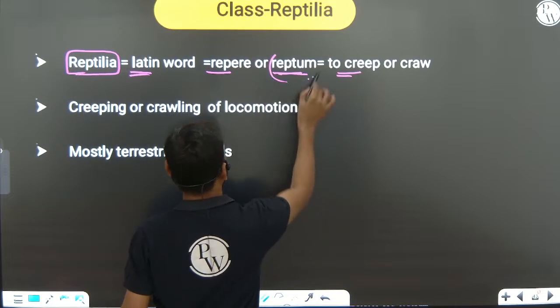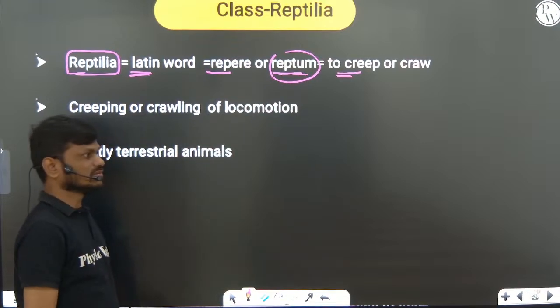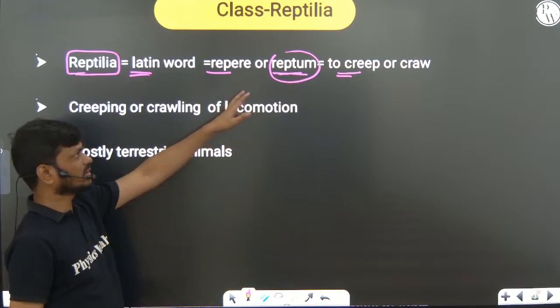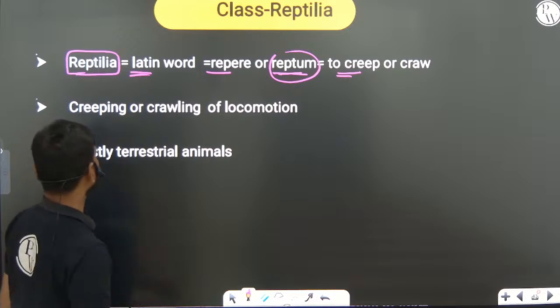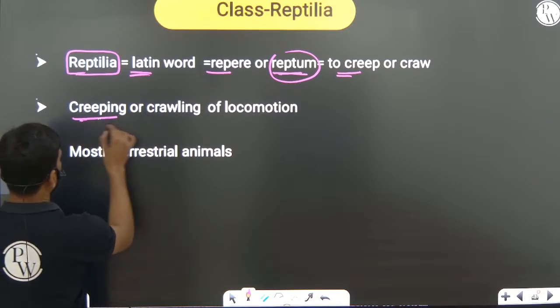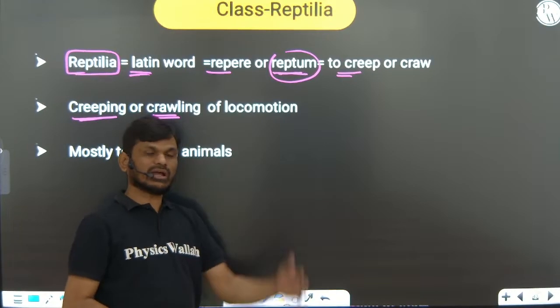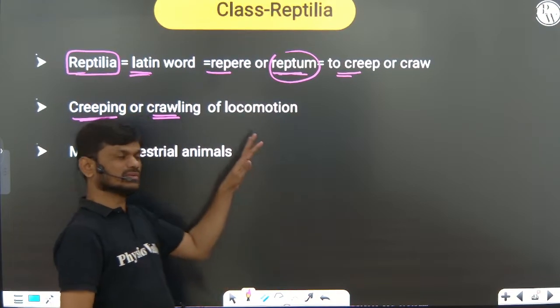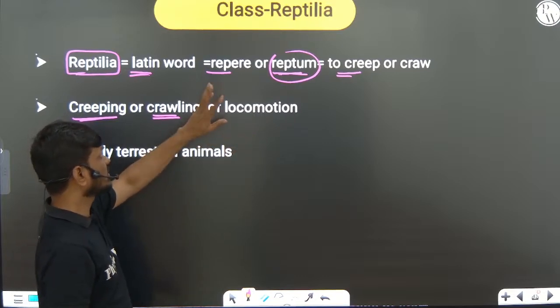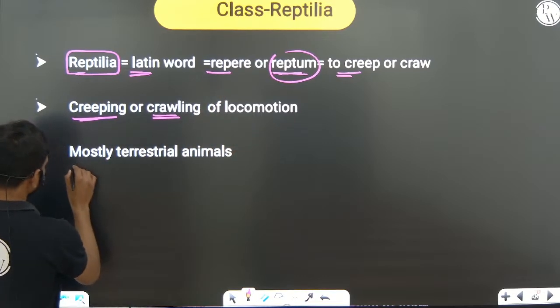From this word only we have given the name reptilia. So generally they are creeping or crawling animals. Creeping or crawling type locomotion is present in these animals, reptilia. That's why we call them reptilia. Mostly terrestrial habitats.